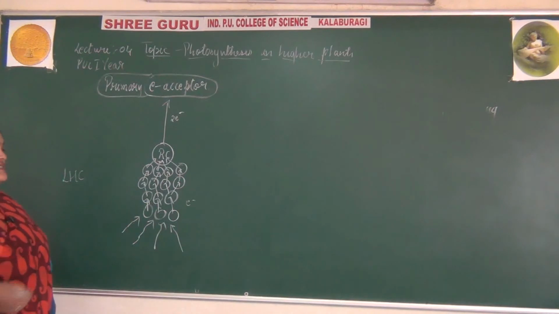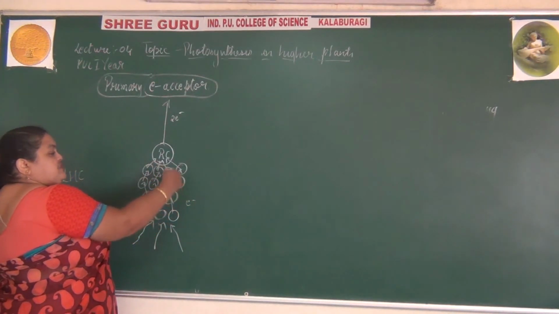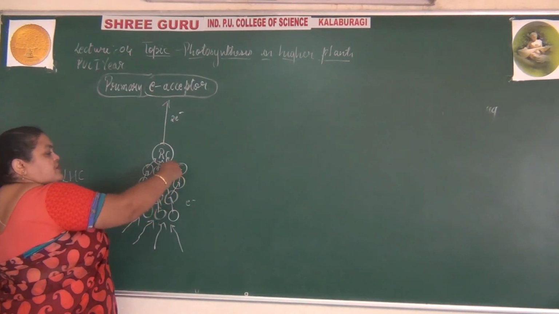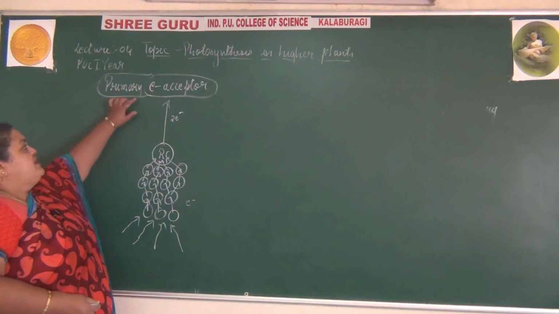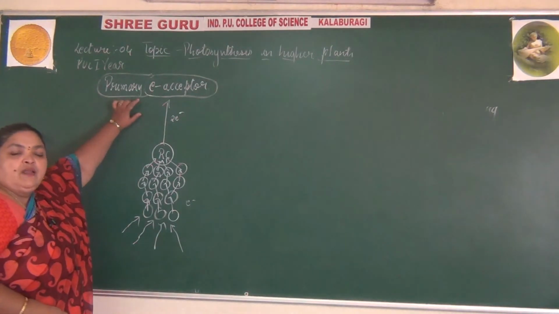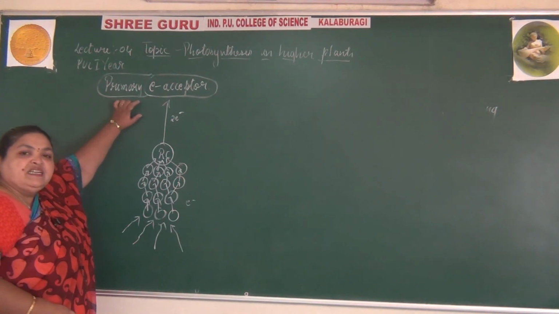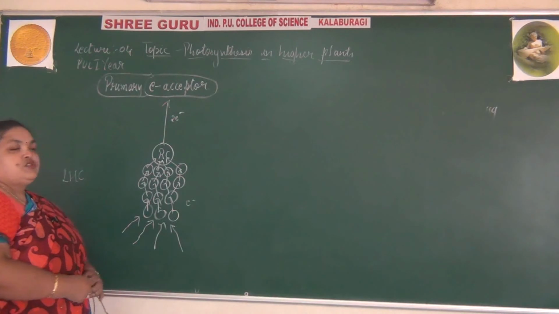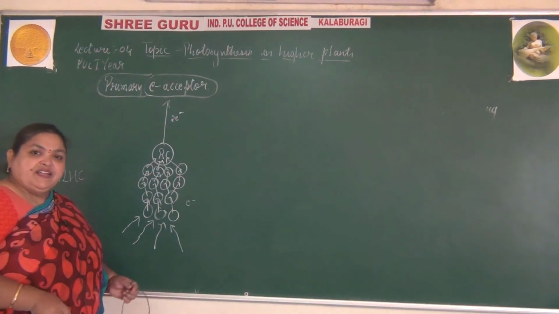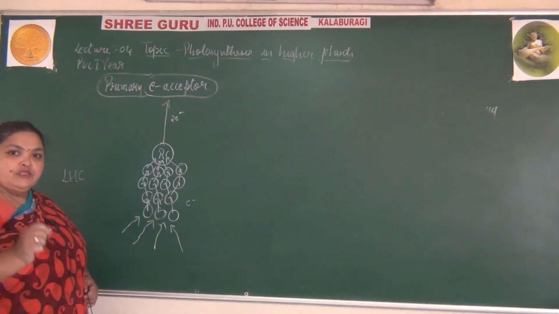As the electrons are released, they are transferred from one molecule to another, and ultimately the electron reaches a primary electron acceptor, which is present in the thylakoid membrane. So this process is known as photoexcitation of chlorophyll molecules.